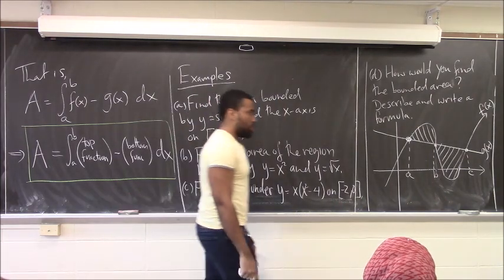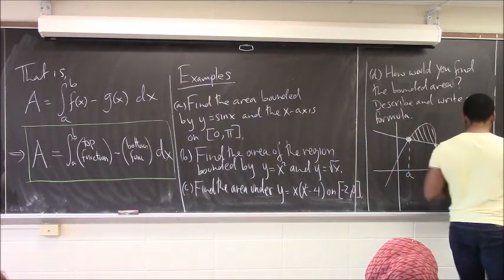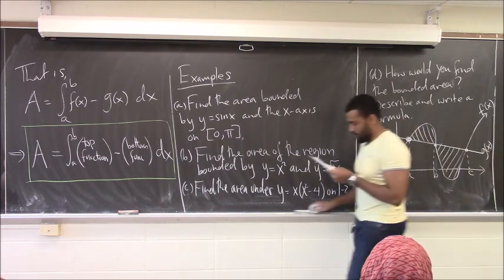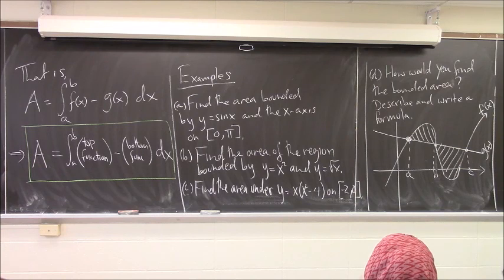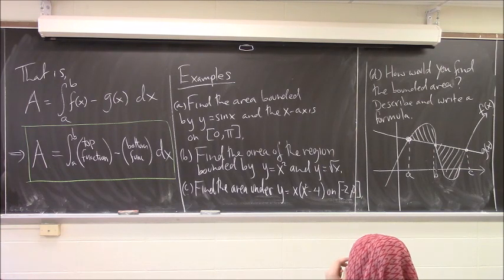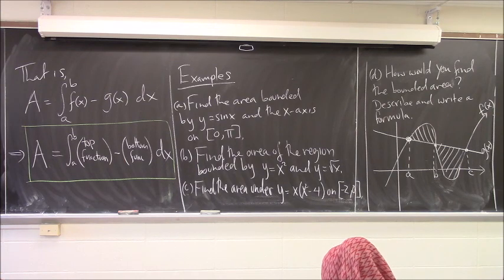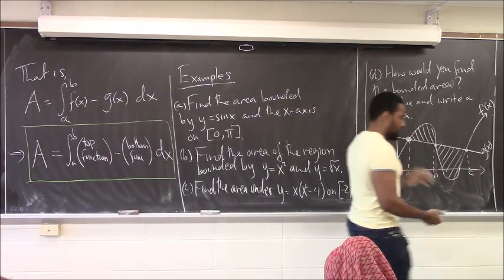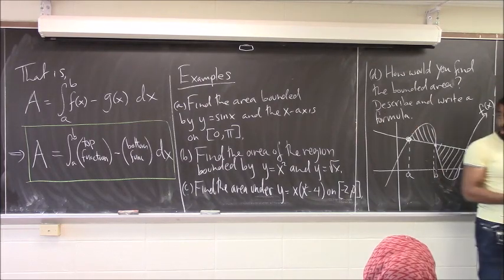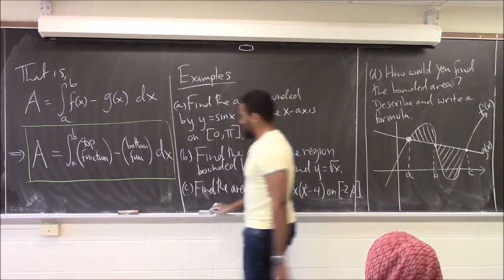Describe how you'd find the area, write down a formula to compute the area. And you'll do that for next time. We'll do these next time and move on to another integration technique. Should be a lot of fun.